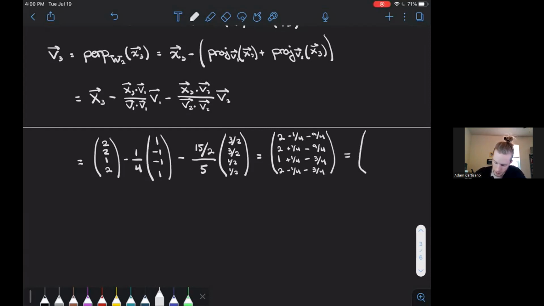And we can just do the arithmetic now. So 2 minus 10/4 is like 2 minus 5/2. So negative 1/2. 2 minus 8/4 is just 2 minus 2, which is 0. 2 plus 1/4, yeah. 1 plus 1/4 minus 3/4 is 1 minus 1/2, which is 1/2.